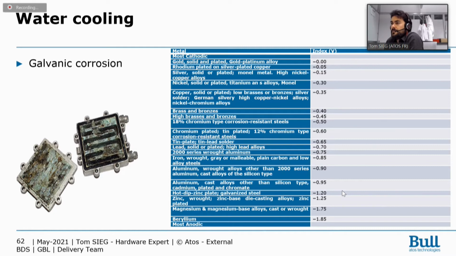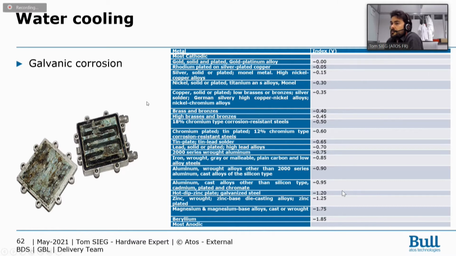Some automatic systems are available to check it on your infrastructure continuously and alert you in case of problem. This galvanic corrosion is really frequent, especially when you use only water in your circuit and you mix metals.